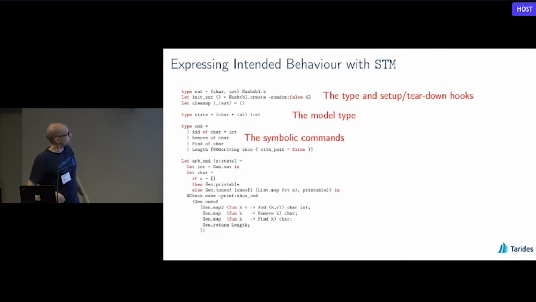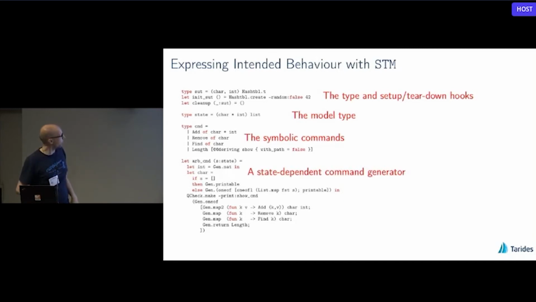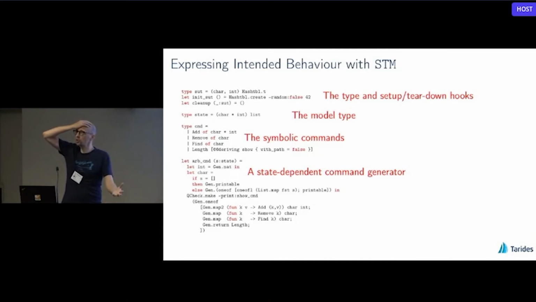We need a good old algebraic data type expressing what operations we can perform here, and then we have a generator. So this is perhaps the first thing that is not entirely boilerplate. So the intuition for it is as follows.